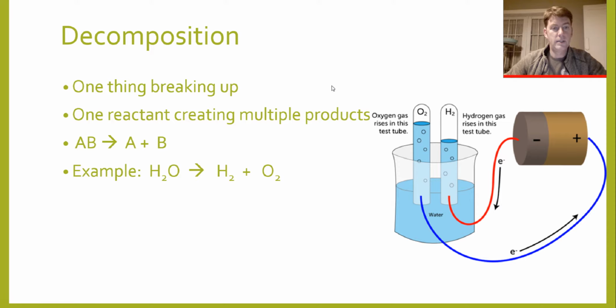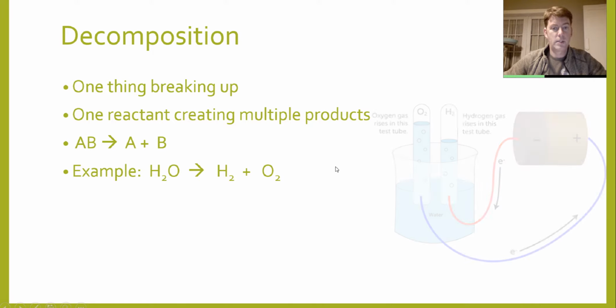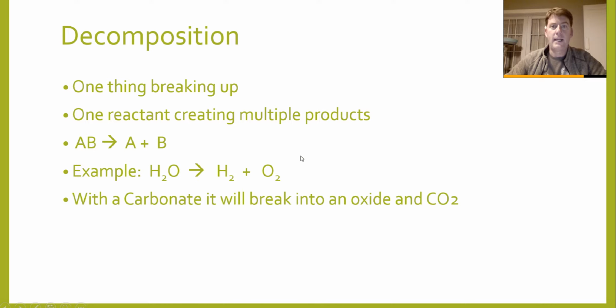Now, as we talk about decomposition, there are some specific things that we will talk about in the chapter, and one of those is a carbonate. If we had sodium carbonate, magnesium carbonate, whatever we have, something carbonate, when it goes through decomposition, it will break down into an oxide and carbon dioxide. So here's an example of calcium carbonate, which is what we would also call chalk.